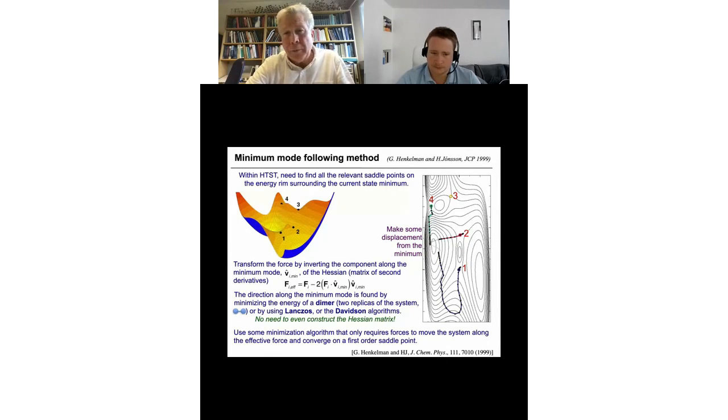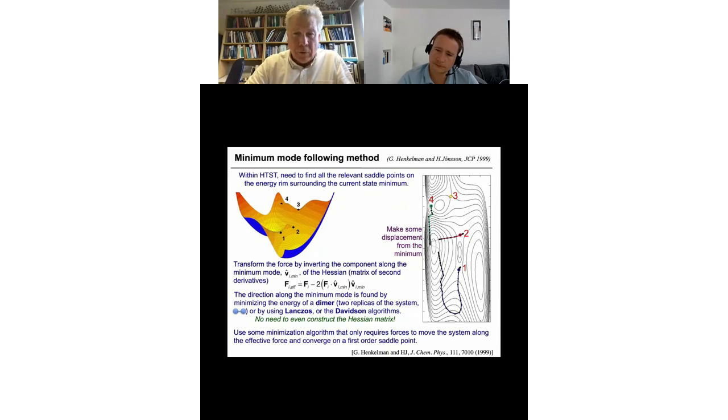Then you make another random displacement to the red curve, a little bit to the right, and you converge onto saddle point 2. Then you make a third random displacement with this purple curve, and it takes a roundabout way and goes way up in energy, and then comes back down and converges onto saddle point 1.